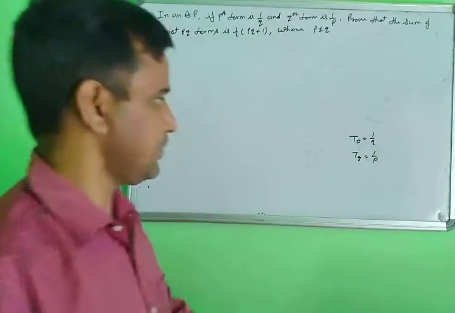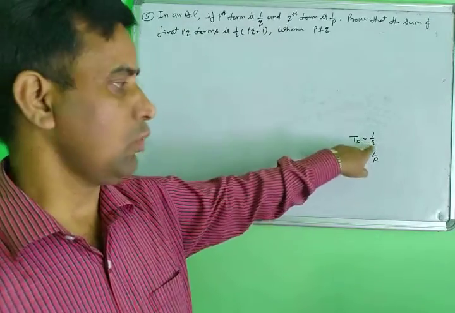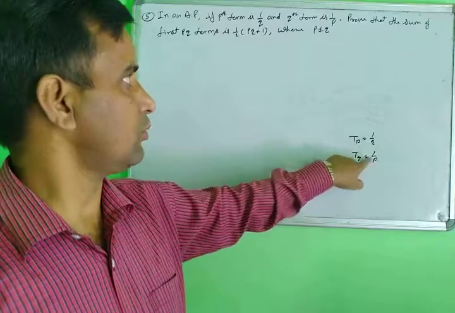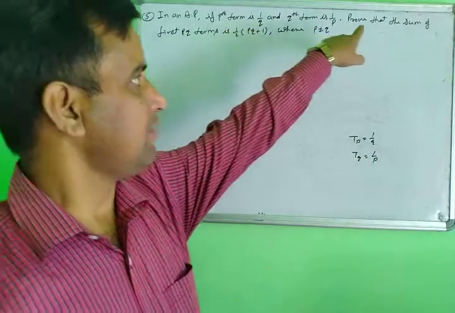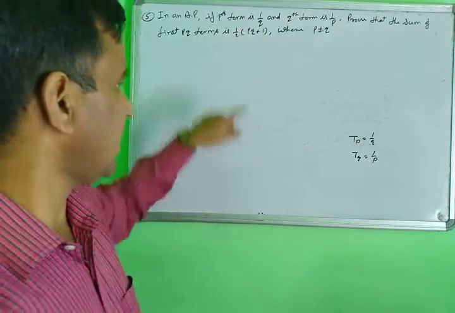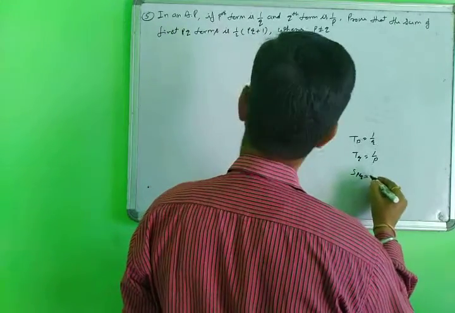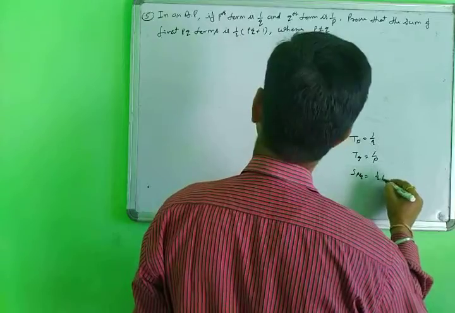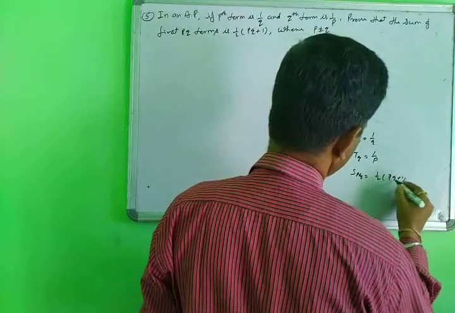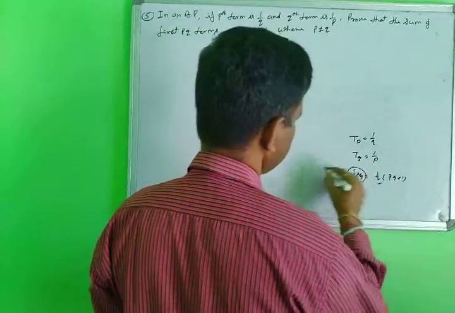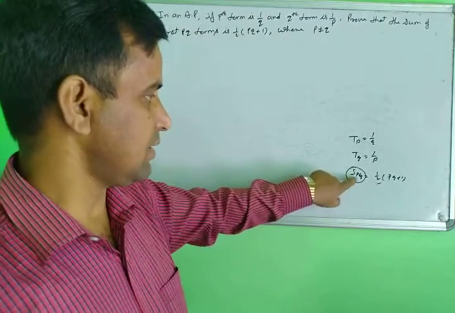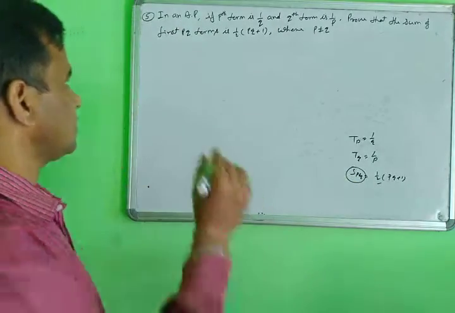This is the given. You will prove that the Sn of the pq terms is equal to 1 upon 2 times pq plus 1. So what is the pq term of this? Now start the solution here.